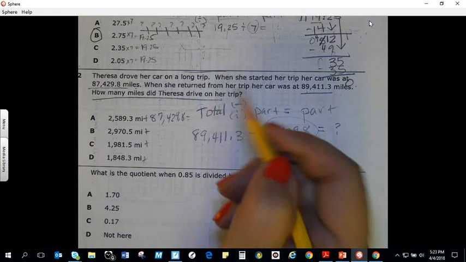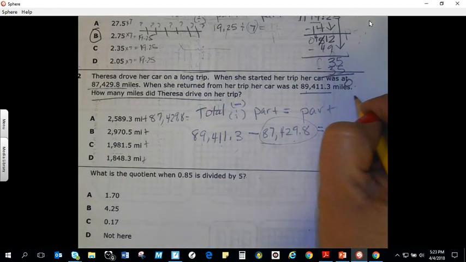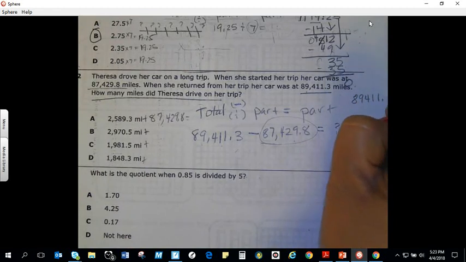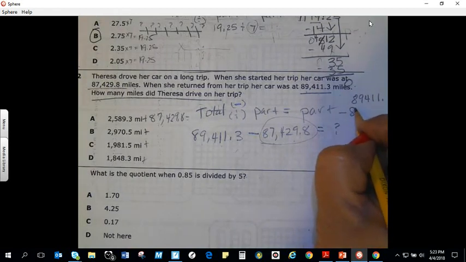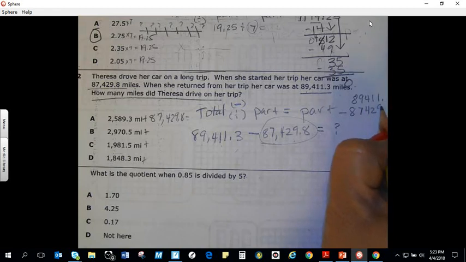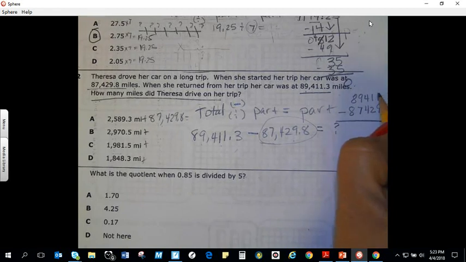Okay. All right. Now I'm going to subtract this out, so I'm going to show you. 89,411.3. And I know you're saying you're not supposed to say point. You're absolutely right. 87,429 and 8/10. Okay, I'm going to bring down my decimal here. I need to regroup. I'm going to take a 1 from here.